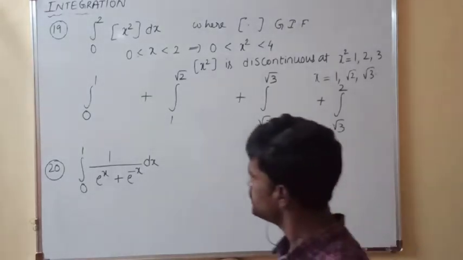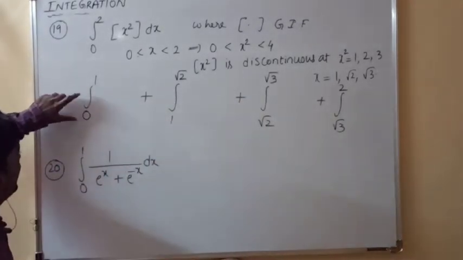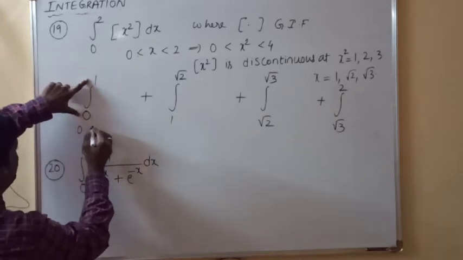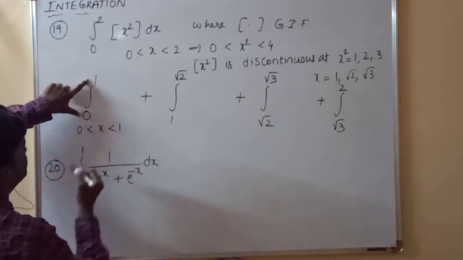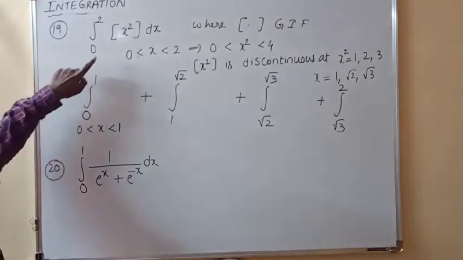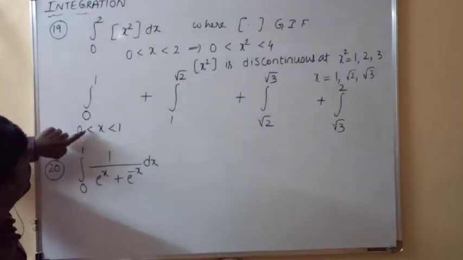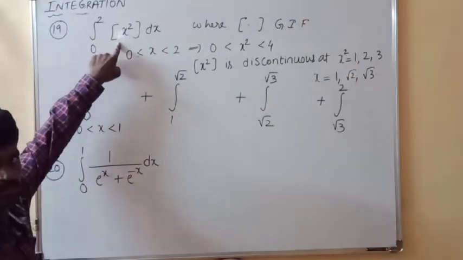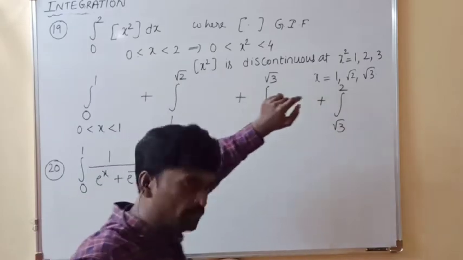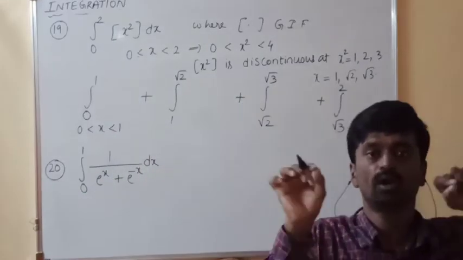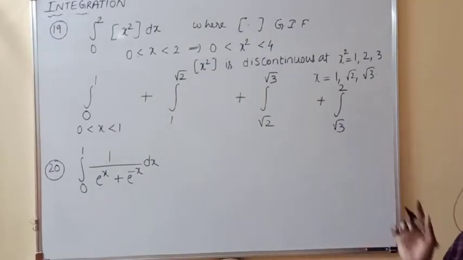Now in the first integral, x lies from 0 to 1. Then we have to write in this interval what is the value of step of x square. To get that, first you find the x square range in that interval.